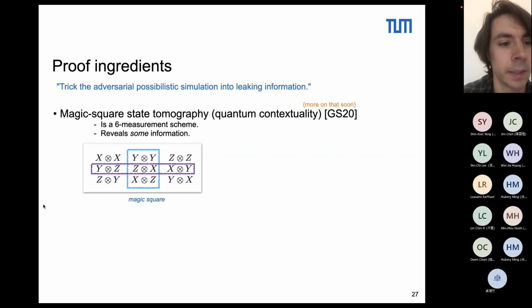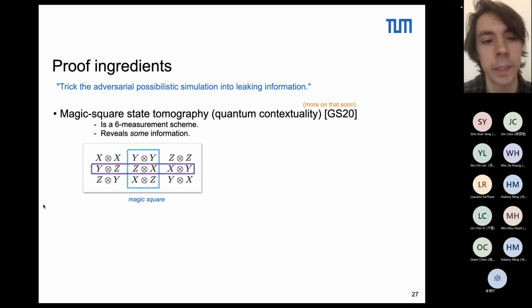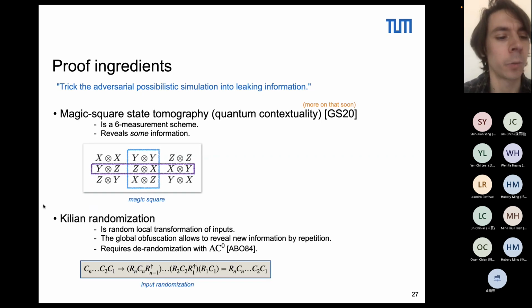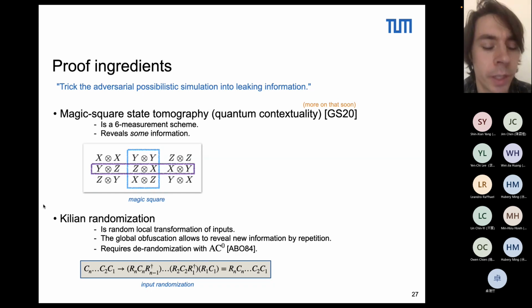It's a way to make measurements. We're going to make 6 measurements, and it's going to reveal some information about the state. And then we're going to do Killian randomization, which comes from cryptography.